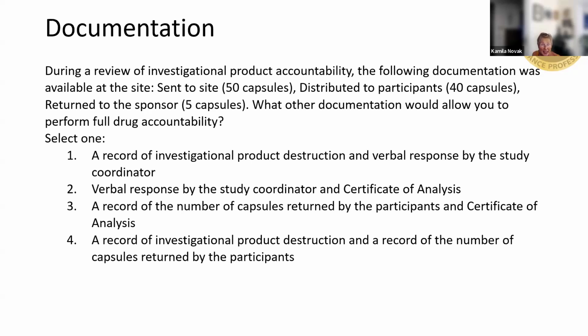Were they destroyed at the site? What happened to them? And if I want to have a full picture, I also want to see the sponsor record of destruction, if there is any return, because unless there is an agreement that these can be used further or distributed by third-party organizations, if it's still fit for use, if it's a marketed product, sometimes they may be distributed in low and middle income countries as a donation under some rules.